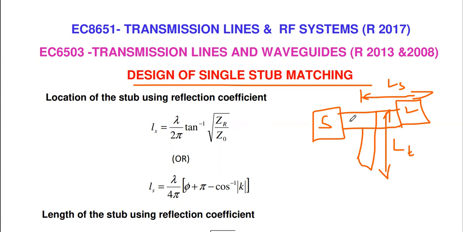Now see the formulas for the location of the stub and the length of the stub. There are two formulas. One is in terms of load impedance and characteristic impedance, and one is in terms of the reflection coefficient. I will tell you in the problem which formula to use at which time.